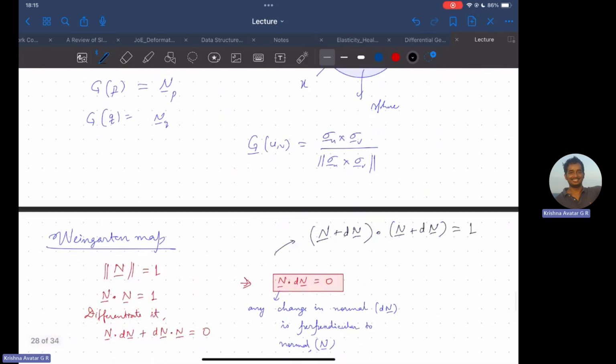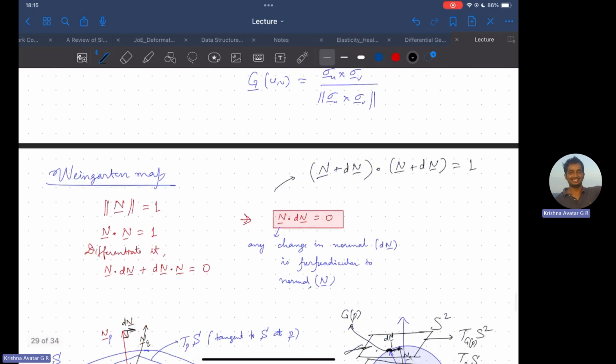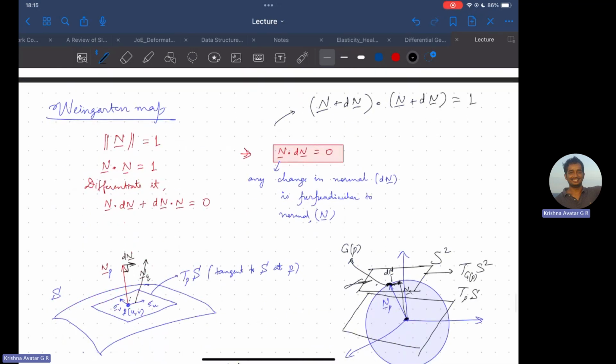Then we went on to understanding what we call the Weingarten map, in which case what we would require is that the differential of the normal lies in the tangent plane. We could show that it lies in the tangent plane to the point P of the surface S, right?